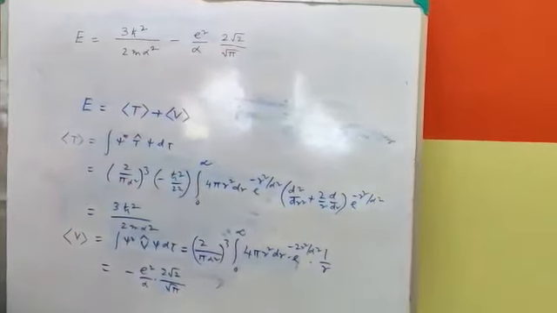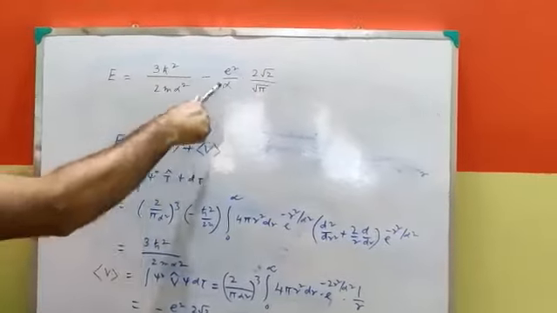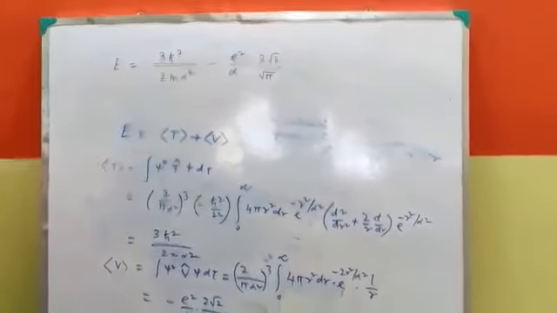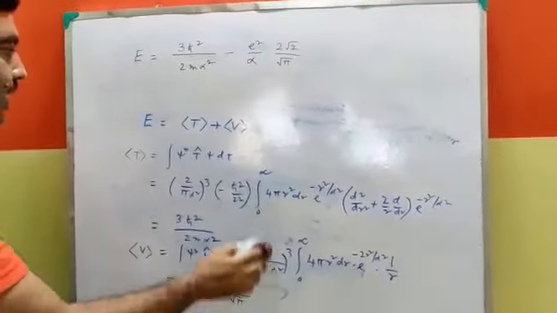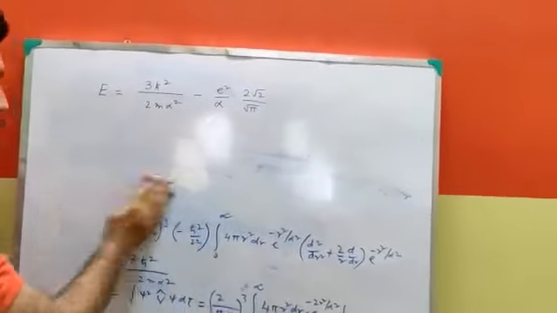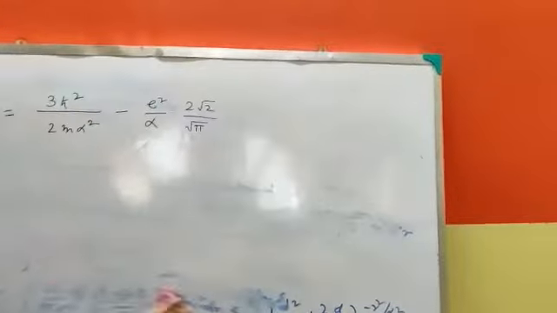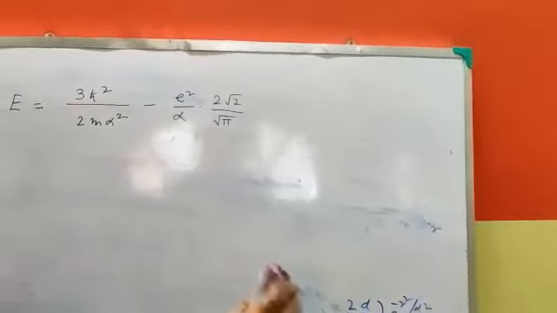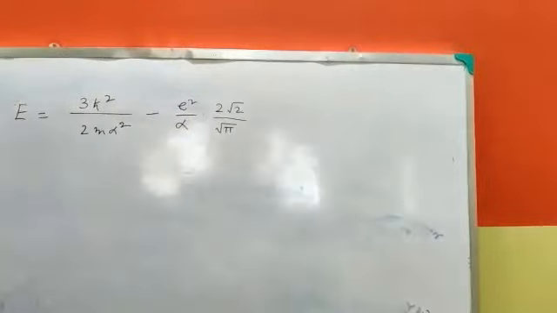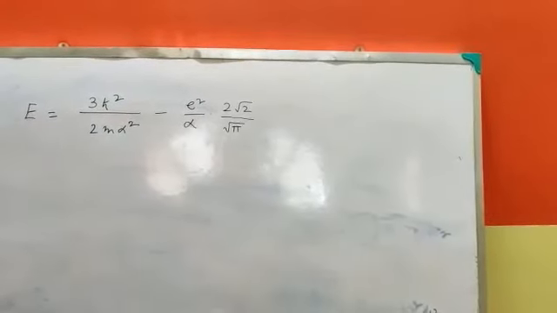Here also energy contains the alpha term, that means the variational parameter term. So now one can minimize the energy value with respect to the variational parameter to get the value of alpha for which energy value is minimum.